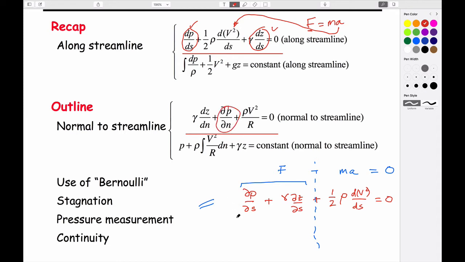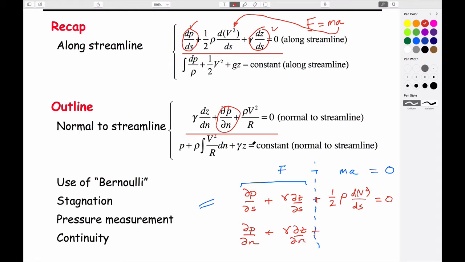And I'm going to write the parts in the same order, so I guess this would be the pressure term, right? dp dn. And the part which is the elevation head term is dz dn. They're the same actually, right?